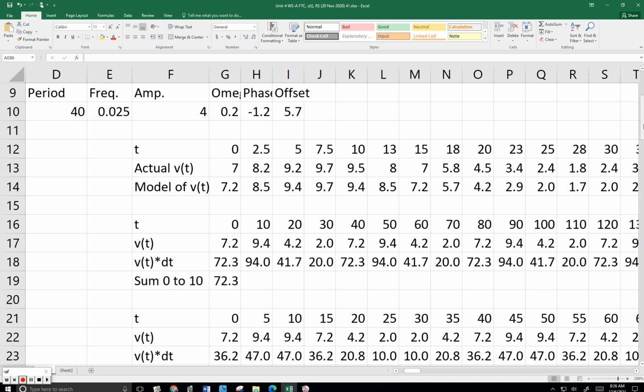This is the table that's on your paper. It says at time 0, your paper says the velocity is 7, correct? And then it says at time 5, the velocity is 9.2. And then at time 10, the velocity is 9.5, etc. So I created a mathematical formula that will track that reasonably well, not perfectly.